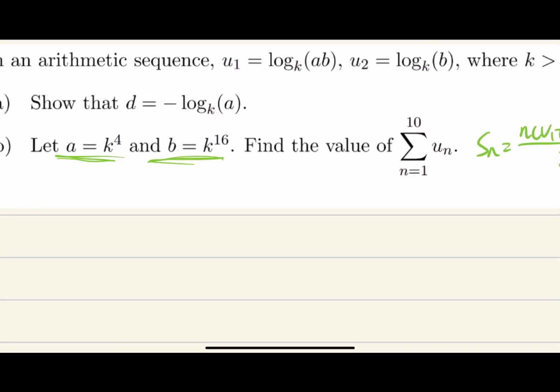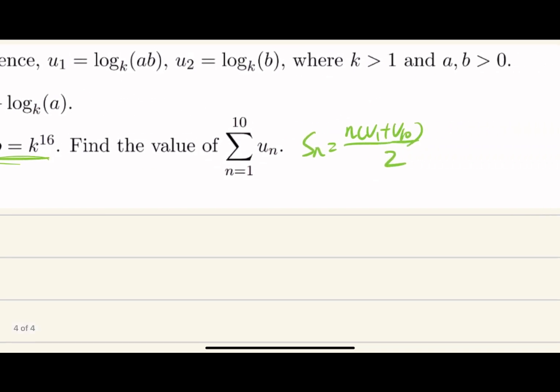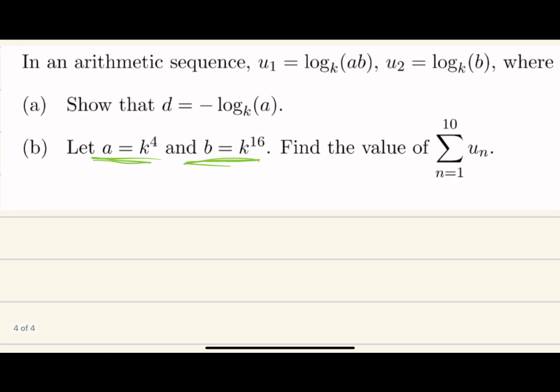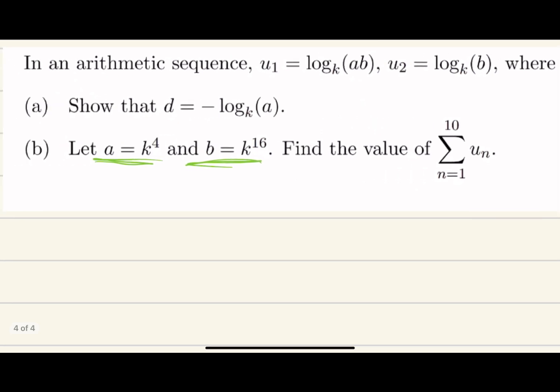Okay, let's see. You know what? No, I'm not going to use the equation here. I might use the next one, but not sure yet. Let's test it out. So u1 in this case will be log k to the power 4 times k to the power 16.